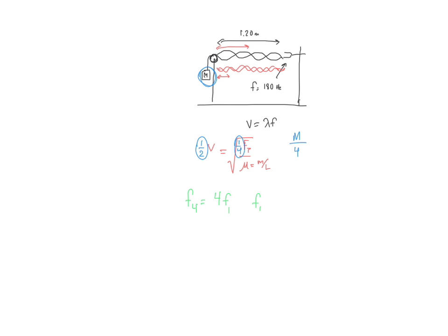So the fundamental frequency is going to be the fourth harmonic divided by 4. 180, which is the fourth harmonic, divided by 4 gives you 45 hertz for the fundamental. And then to get f3, the third harmonic, we just take 3 times that fundamental to get the answer.